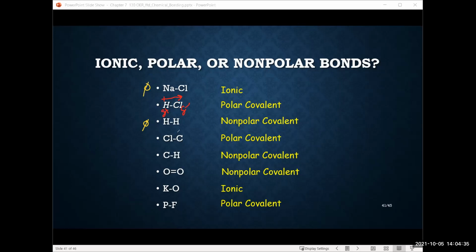Chloride, carbon, arrow goes from carbon to chloride. So partial positive on the carbon, partial negative on the chloride. None for the carbon hydrogen, none for the diatomic oxygen, none for the ionic compound, but definitely one arrow for the phosphorus fluoride in the direction of the fluoride, partial negative on the fluoride, partial positive on the phosphorus, okay?